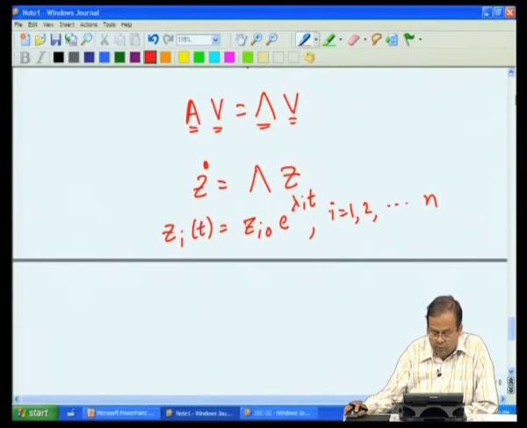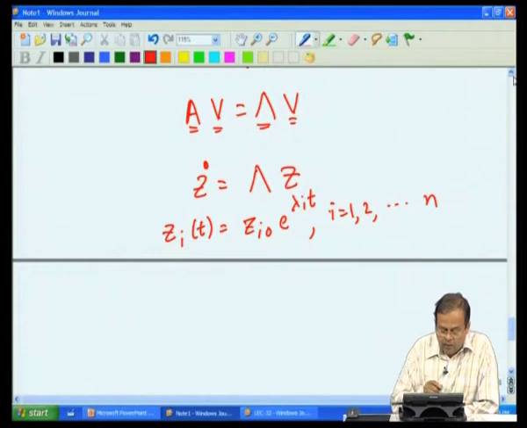What do we have here? We have defined our y as V into z, and individually the z solution is given like this.